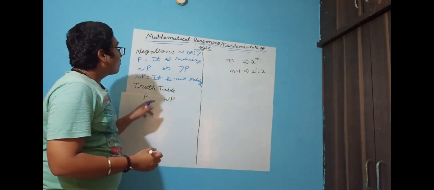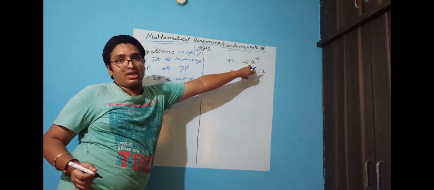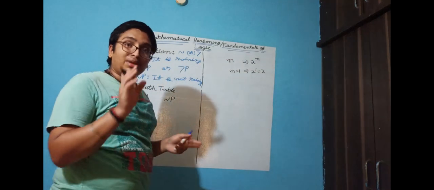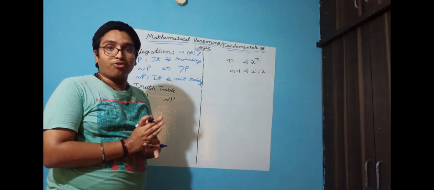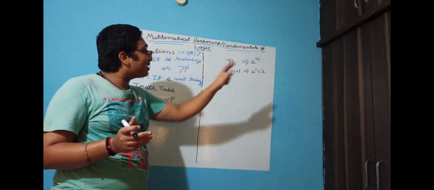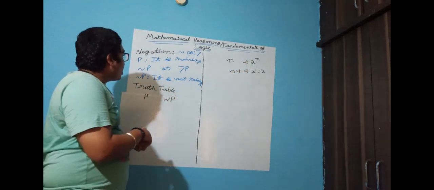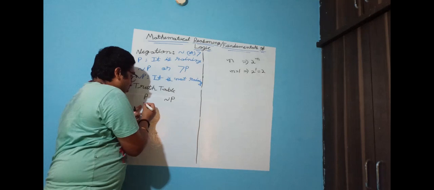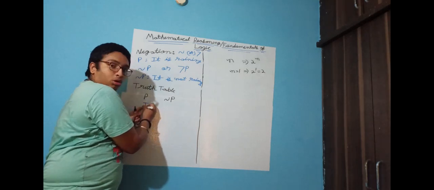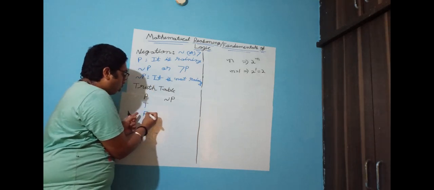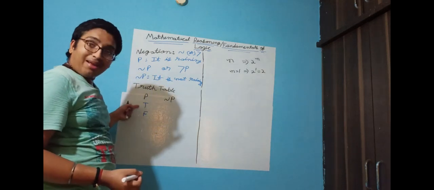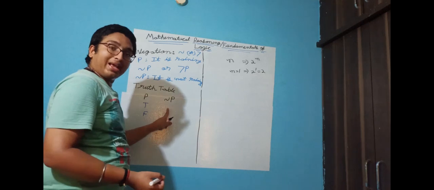And why have we given 2 power n? We know that a statement can be either true or false, which means two cases. That is the reason for 2 to the power of n. And here P, it is raining, can be either true or false, but not both. When P is true, what will be negation P?